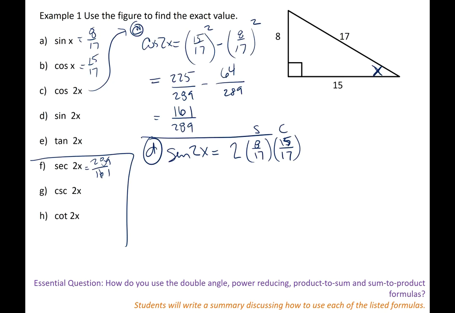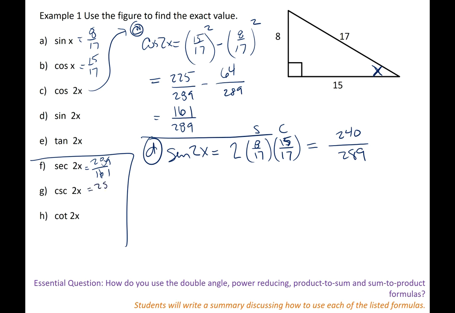All right, I know the denominator is 289. So 2 times 8 times 15. 30 times 8 would work too. What do we get? 240. All right, so what do I get for free off of sine?